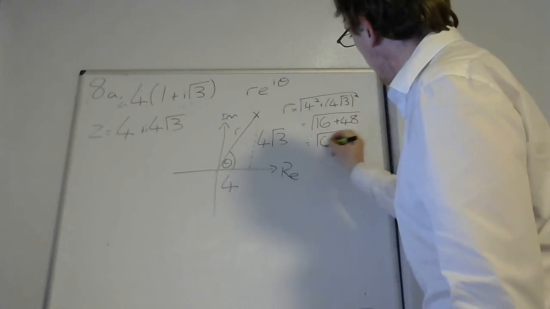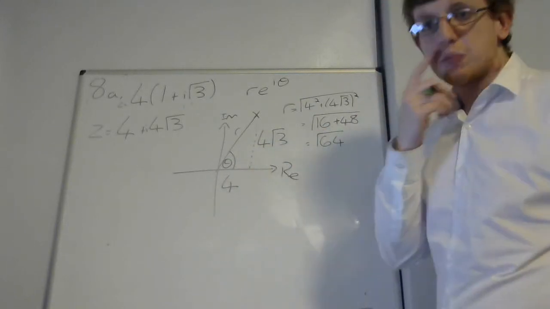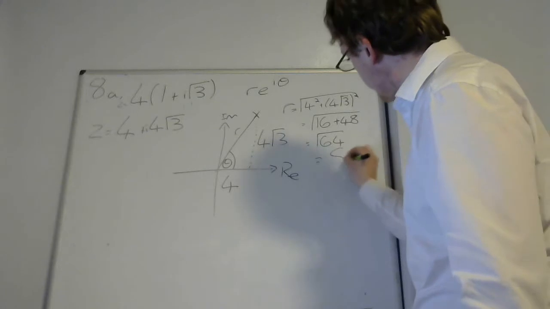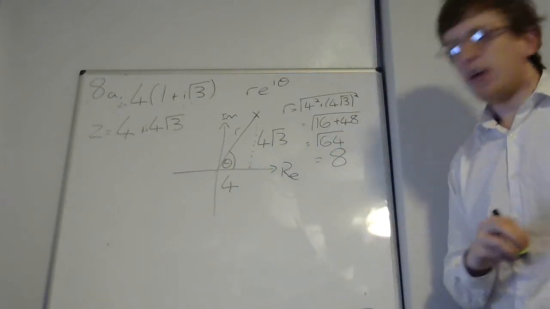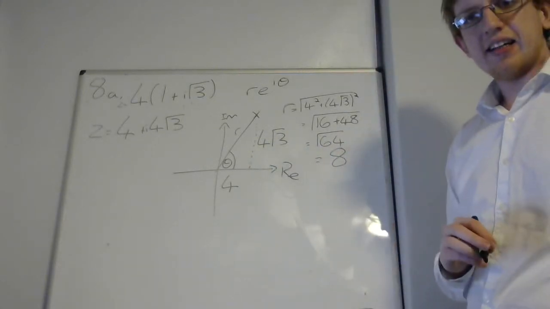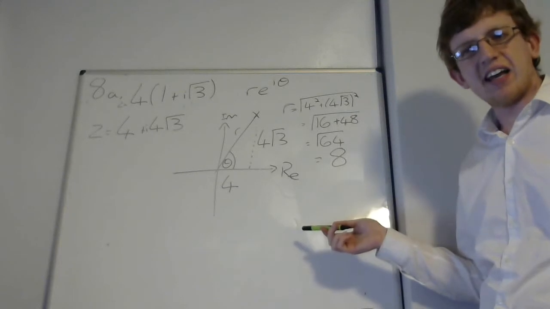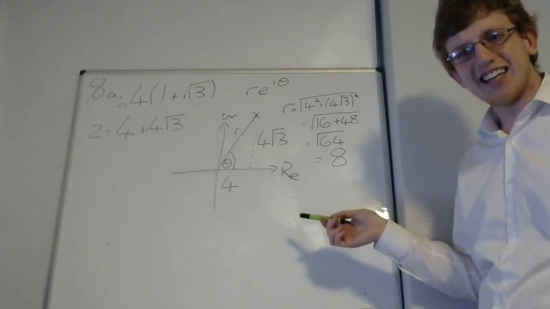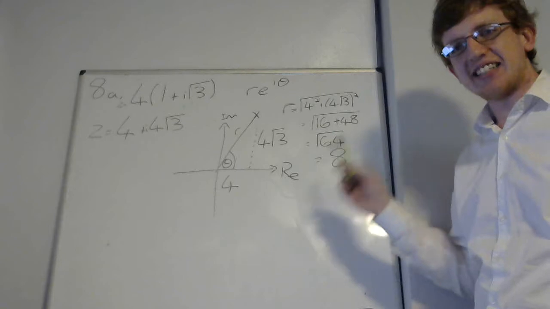So the argument is root 64, which actually works out to be a whole number. That's 8. I've been calling it the argument again, haven't I? This is a modulus. The modulus R is 8.